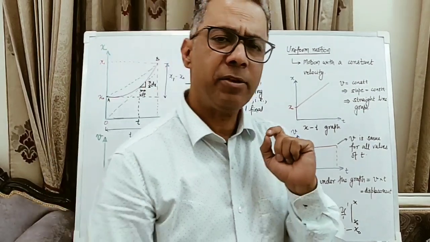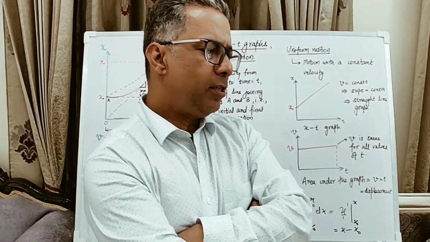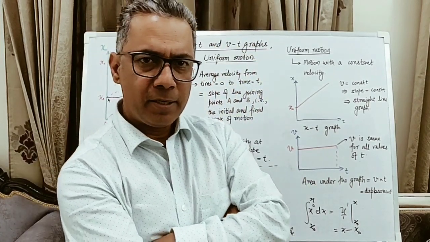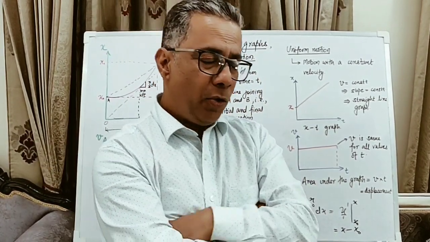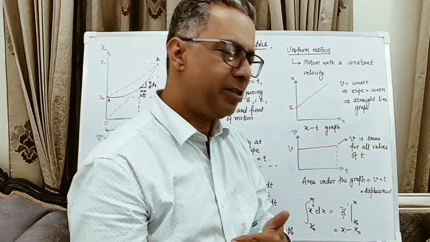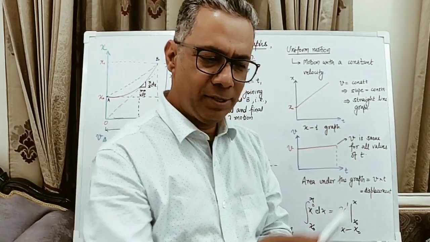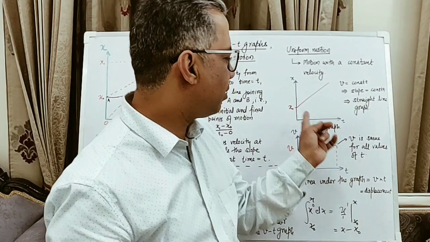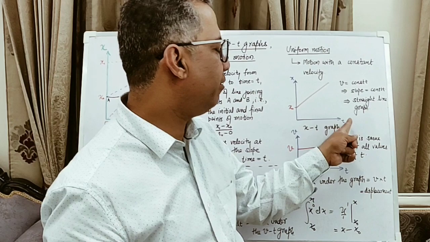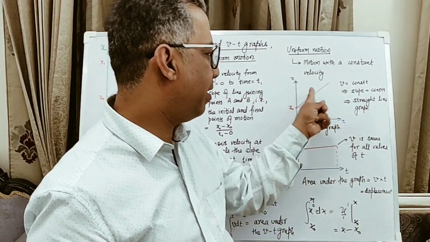And when motion has a constant velocity, the slope of the xt graph will be a constant slope. Now if the slope is constant, the graph will have to be a straight line. It's only a straight line which has a constant slope.